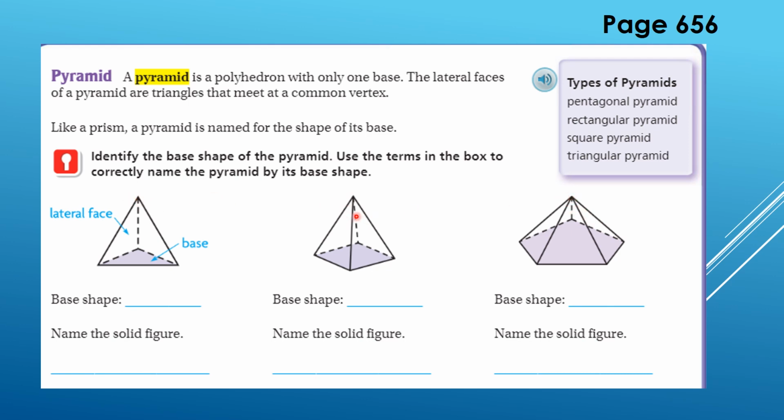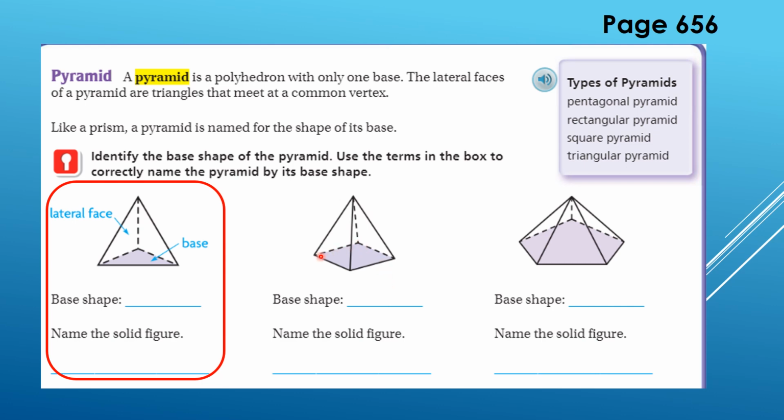That's why these shapes are pyramids, right? By the way, we have discussed this shape in the previous slide. Now I will look at the second and the third figures, and I will name them the same way I did here. Remember, students, how do I know that these shapes are pyramids?